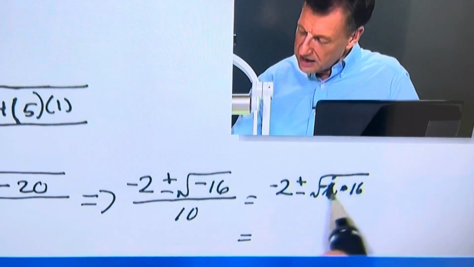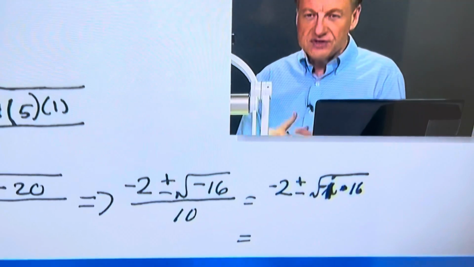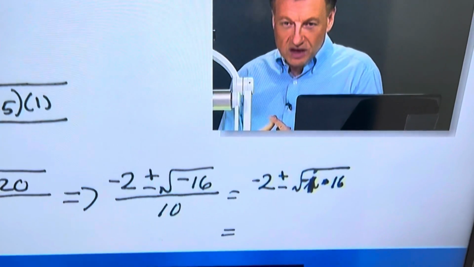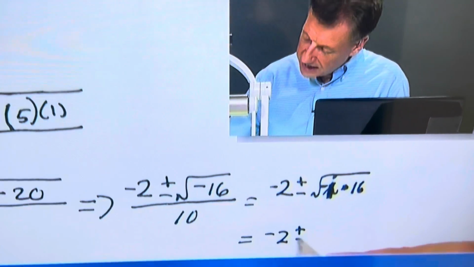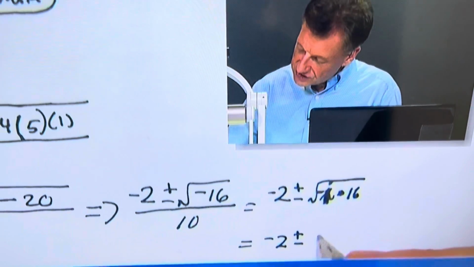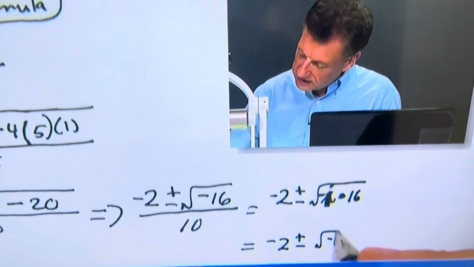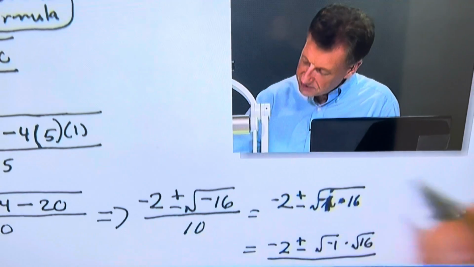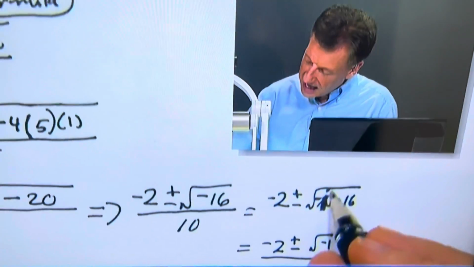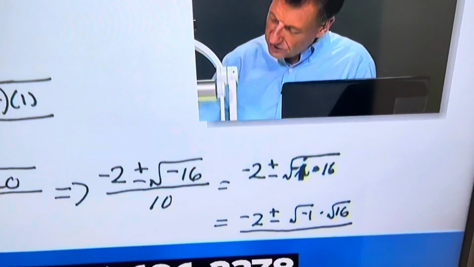So I pulled that out. But I've got this negative 1. This is where we got to worry about what is going on there. So we have a negative 2 plus or minus the square root of negative 1 times the square root of 16. I want to write that down just because it came out pretty messy up there. It looks kind of nasty. There's not an i yet. That's coming. Over 10.